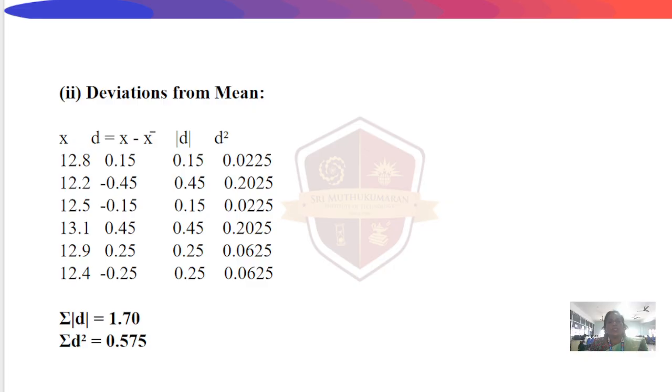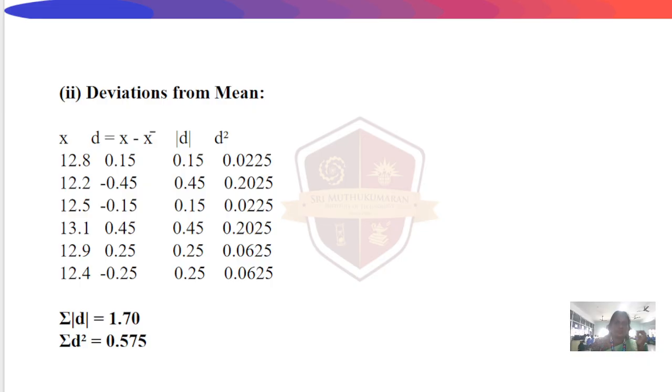For 12.5, deviation is minus 0.15. For 13.1, deviation is 0.45. For 12.9, deviation is 0.25. For 12.4, deviation is minus 0.25.